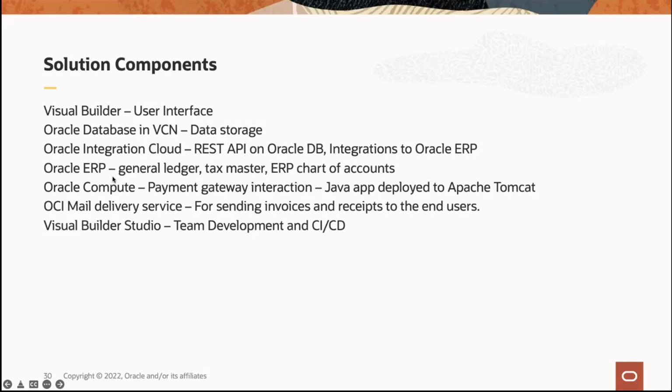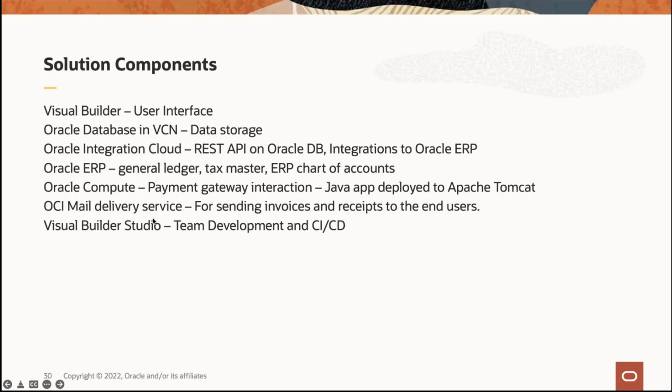And we also have the Oracle ERP, which is tracking all the financial transactions here. And we have used an Oracle Compute, where we have developed a Java app and deployed it onto Apache Tomcat on OCI Compute, where this is acting as a middleware for the payment gateway integrations, where we needed a server level component that will act as a middleware between the VCNs and the payment gateways.